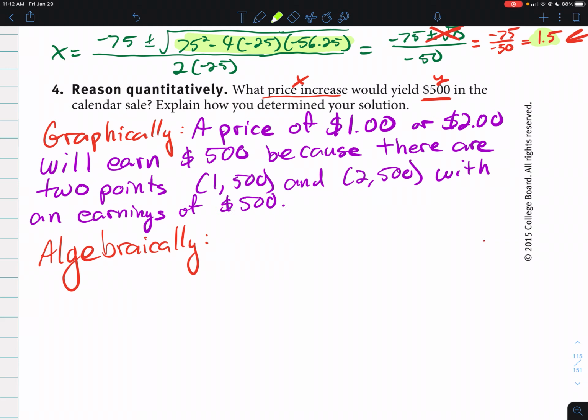There are 2 points that have a Y value of $500.